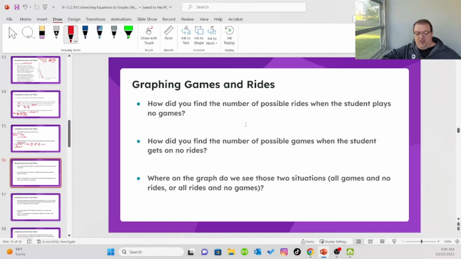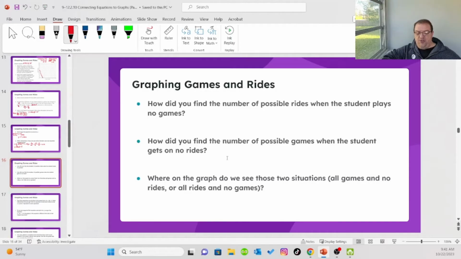How did we find the number of possible rides when the student plays no games? We substituted 0 in for x because x was the number of games, and then we solved for y. How did we find the number of possible games when the student gets on no rides? Well, rides was represented by y, so we substituted 0 in for y, and we solved for x.